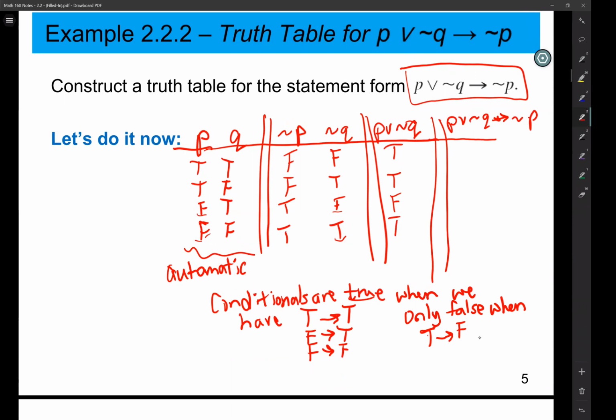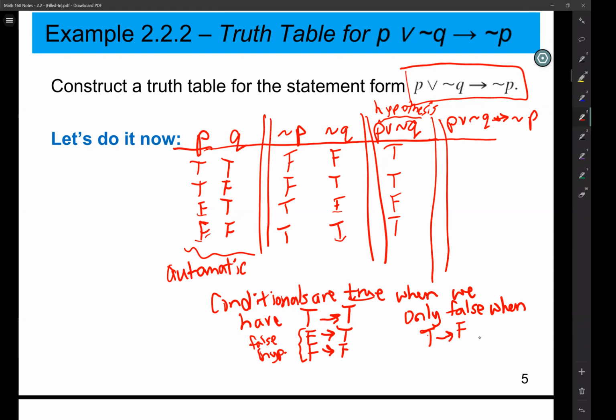Okay, so let's look on here. This right here is the hypothesis. It's going to be true when the hypothesis here is true. Or actually, sorry, to make it easy, we can look right away for when the hypothesis is false. So false hypothesis is only right here.